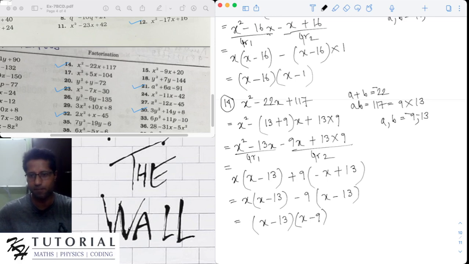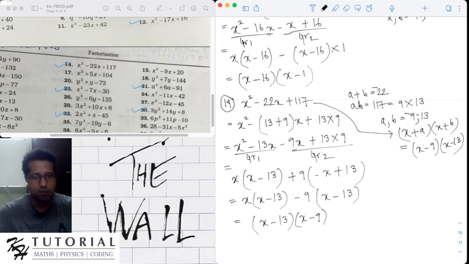That is the reason, if you apply directly the factorization method, once you have found a and b, it is x plus a multiplied by x plus b, and you know that a and b are minus 9 and minus 13. So this will be x minus 9 and x minus 13.